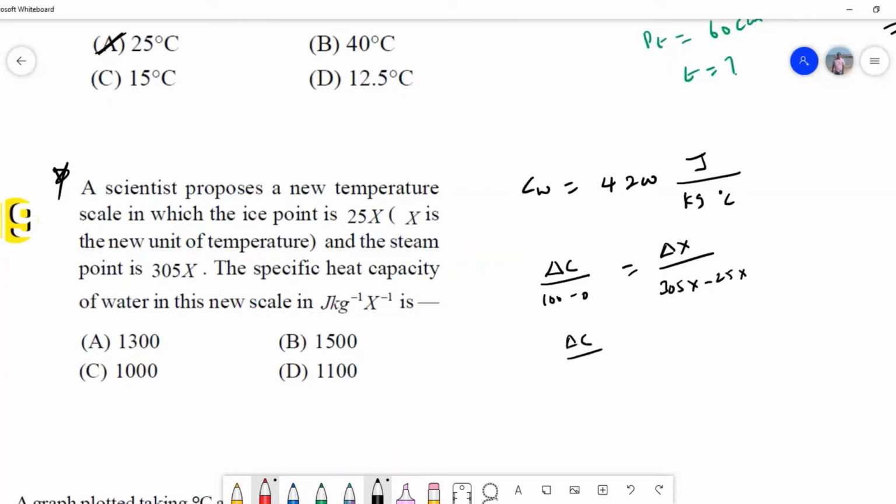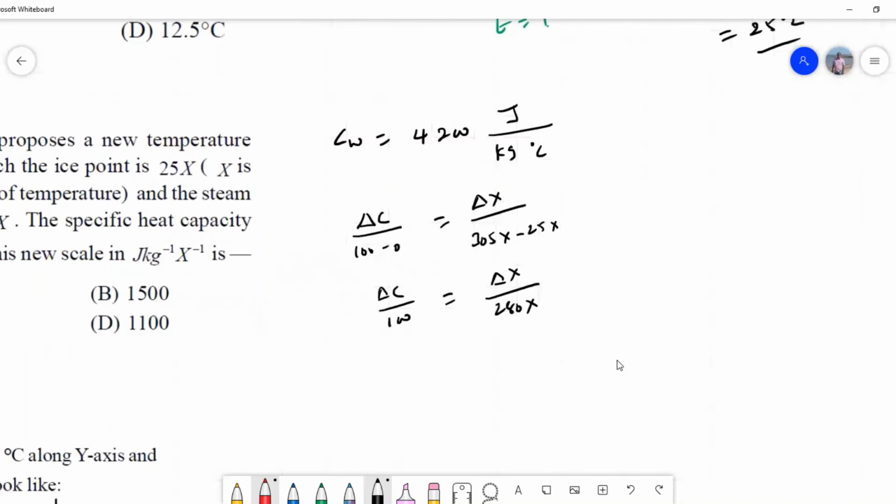So delta C by 100 is equal to delta x by 280x. The change in temperature is inversely proportional, so delta C upon delta X is equal to 100 by 280.